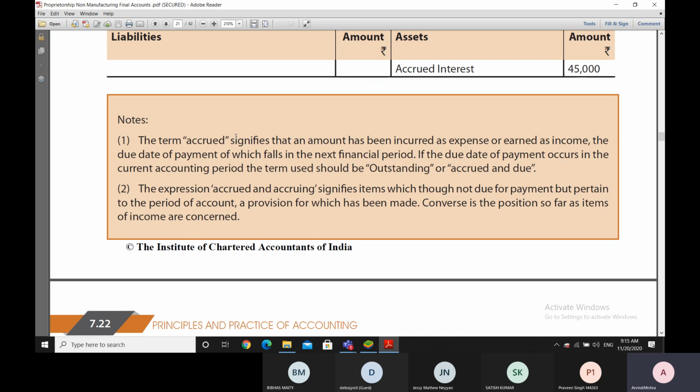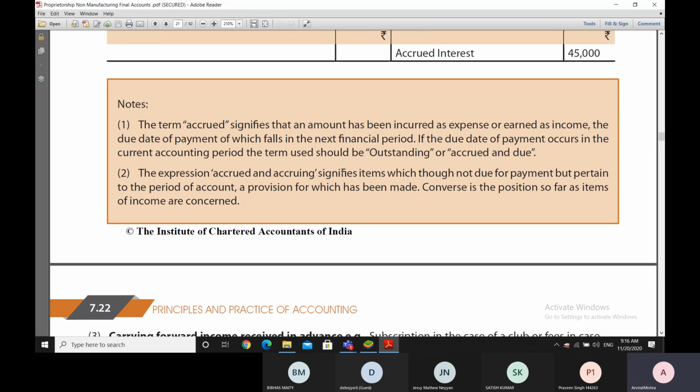So therefore we have to make this distinction, that something which is outstanding has not been paid, or the same thing can be written as accrued and due also, but it is being taken into the profit and loss account because it has been incurred if it is an expense, or earned if it is an income.